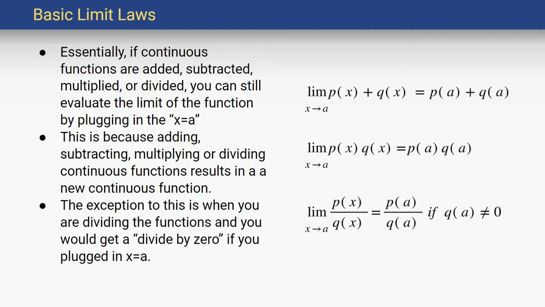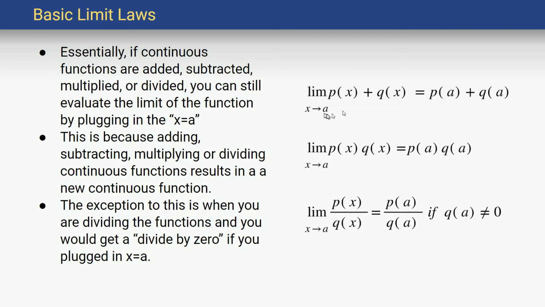That's because subtracting, adding, multiplying, dividing continuous functions results in new continuous functions. The only thing you have to worry about is that when you divide two functions, you might get a divide by 0.